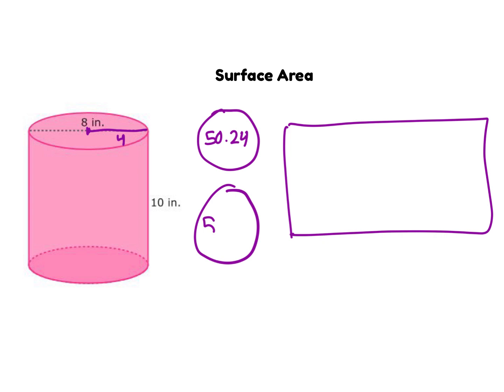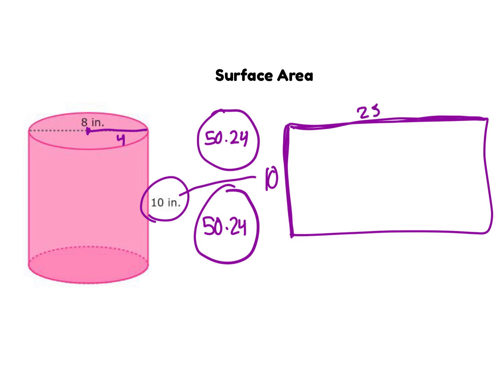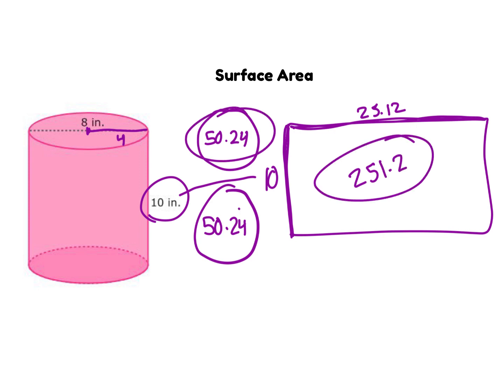50.24. 50.24. This distance here, I hope you see that it is 10. And the circumference is pi times the diameter. So I'm going to take pi times the diameter. I get 25.12 times 10, which is 251.2. I'm going to add this plus this plus this.